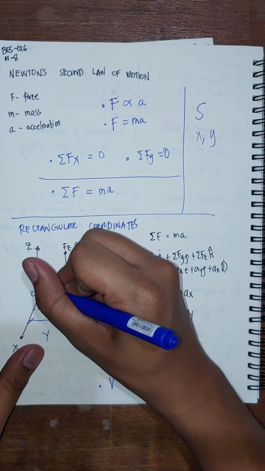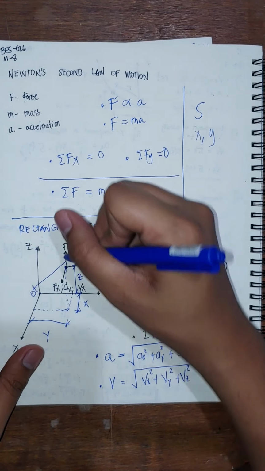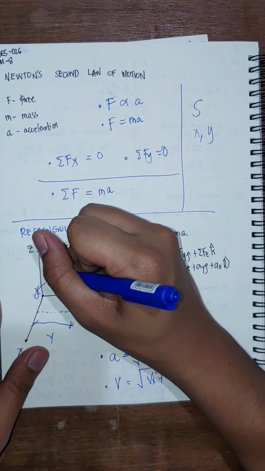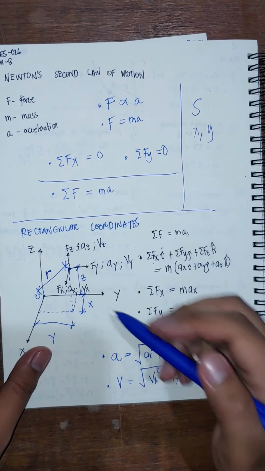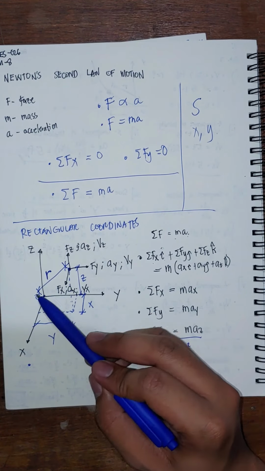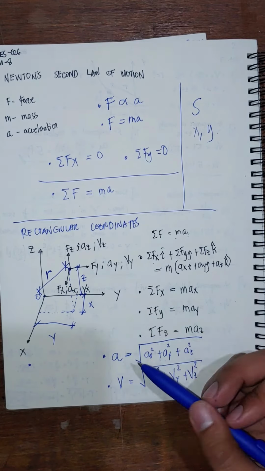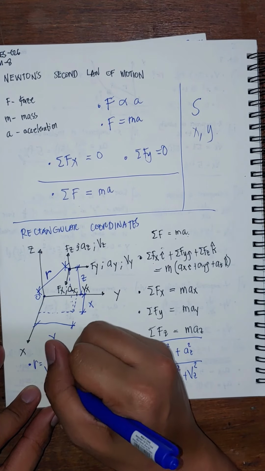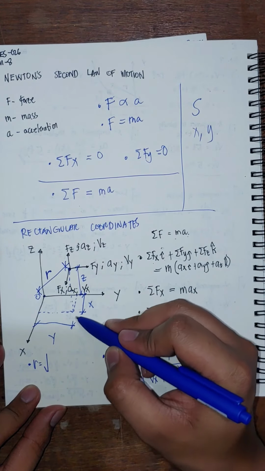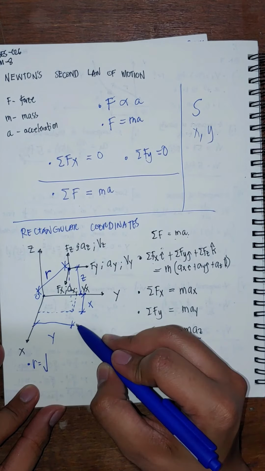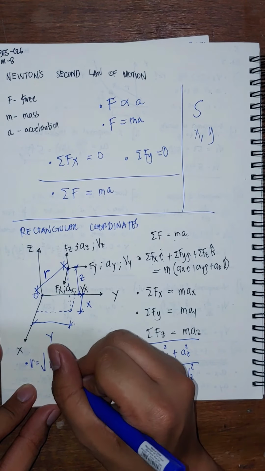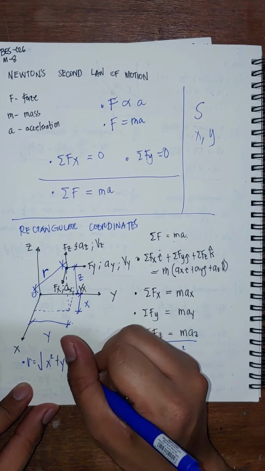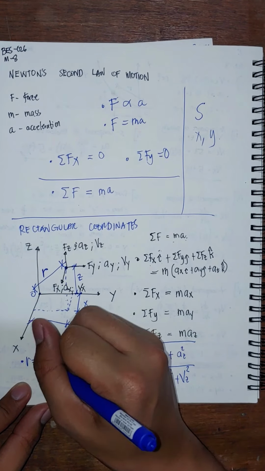Generally we use the position R. So the magnitude of the position R is just equal to the square root of the square of this distance, the square of this distance, and the square of this distance, so it's just equal to x squared plus y squared plus z squared.